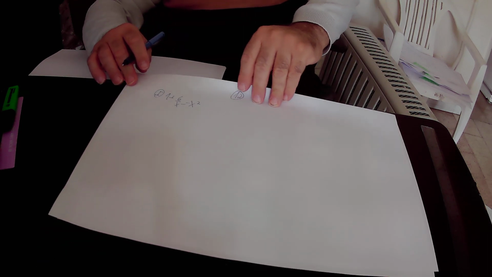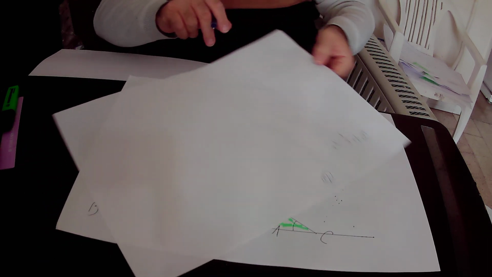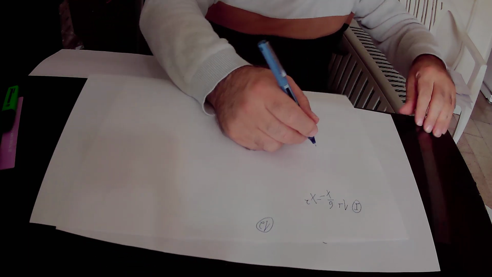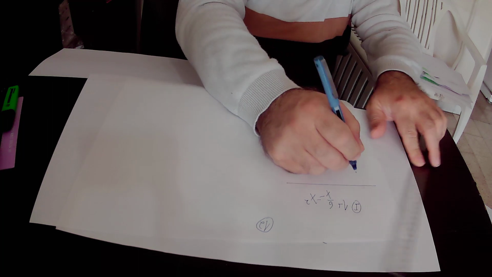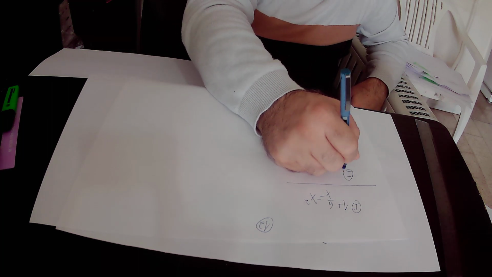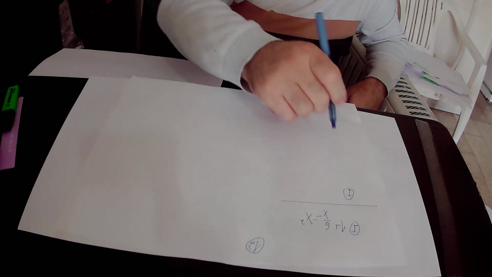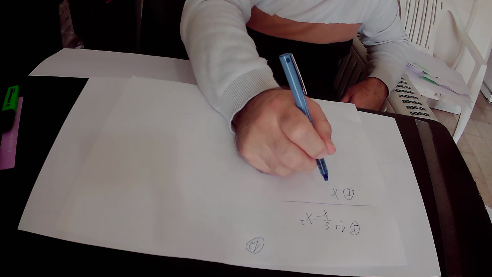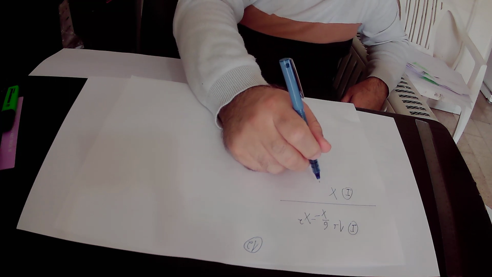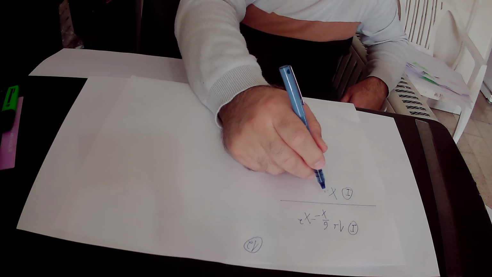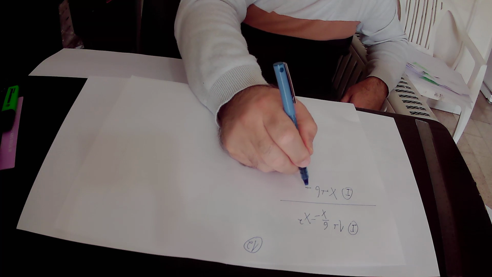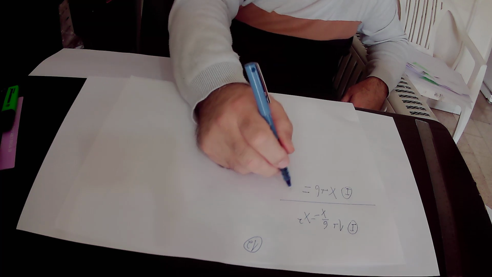Okay, so we will multiply equation number 1 by x, and we will get that x times 1 is x, 6 over x times x is 6, and x squared times x is x cubed.